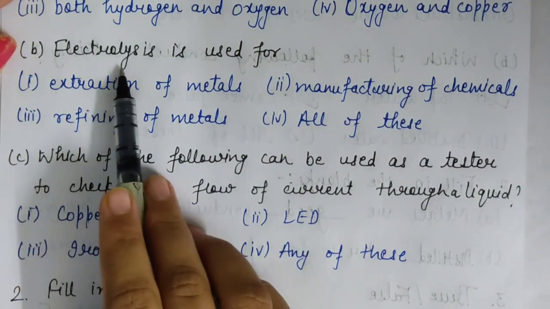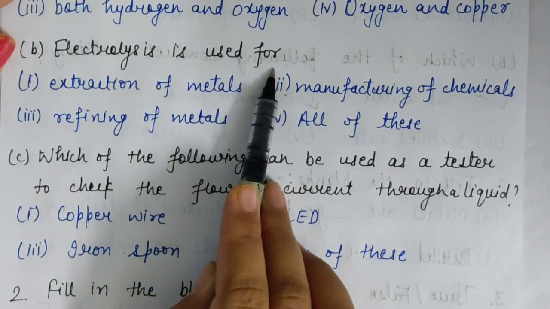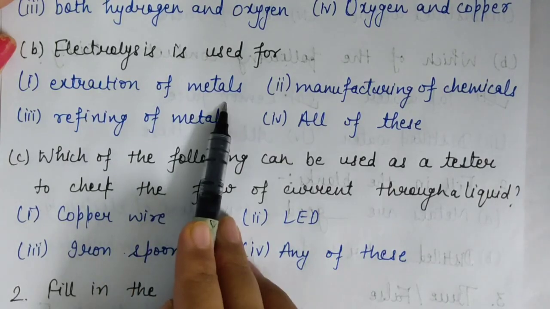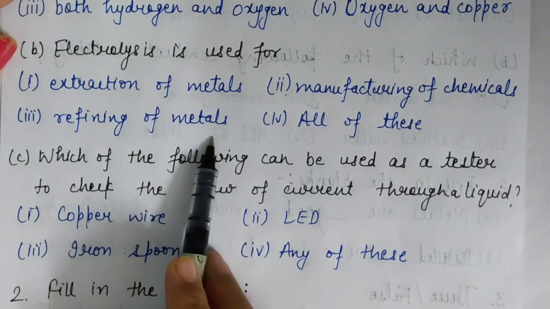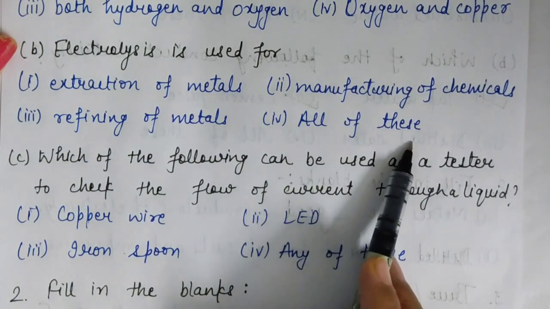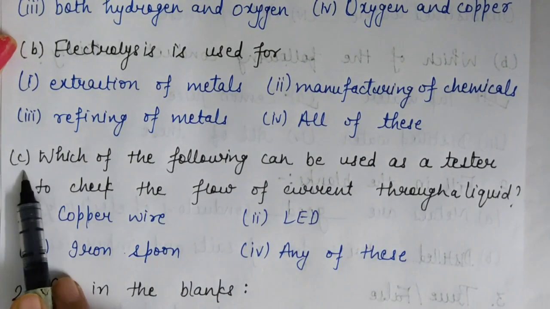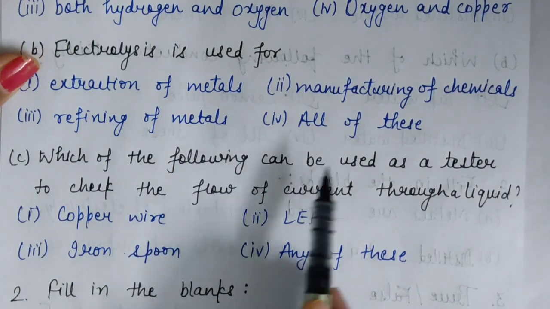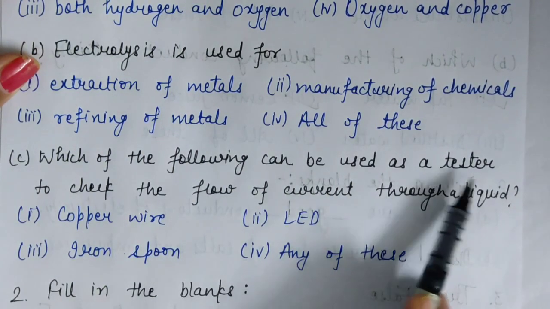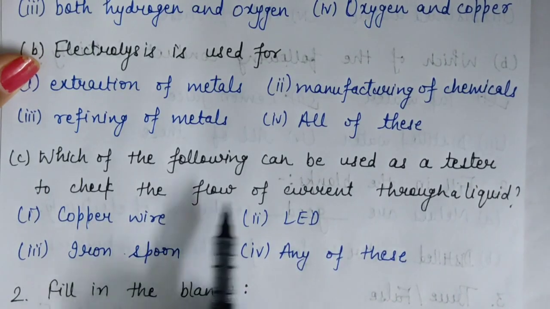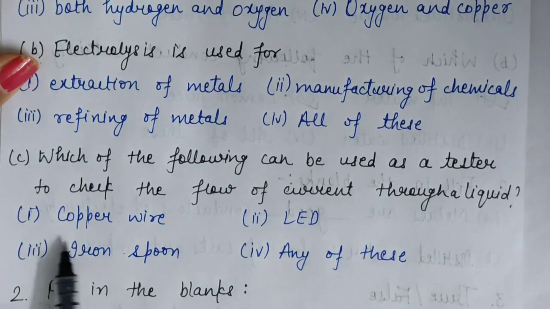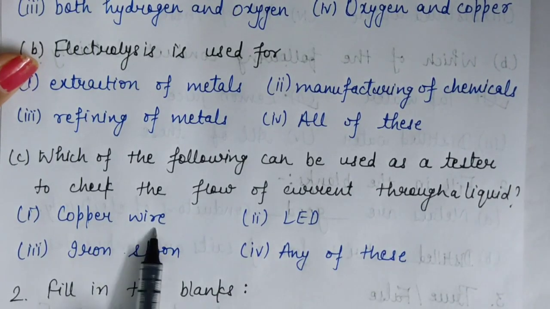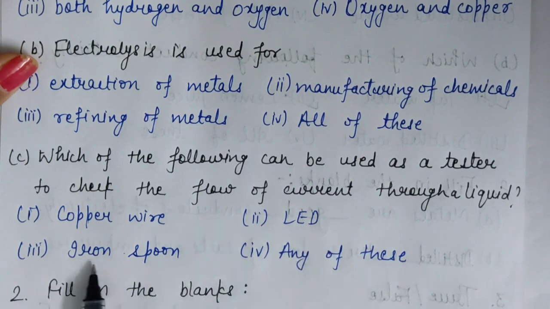B part, electrolysis is used for extraction of metals, manufacturing of chemicals, refining of metals, all of these. C part, which of the following can be used as a tester to check the flow of current through a liquid? Options are copper wire, LED, iron spoon, any of these.